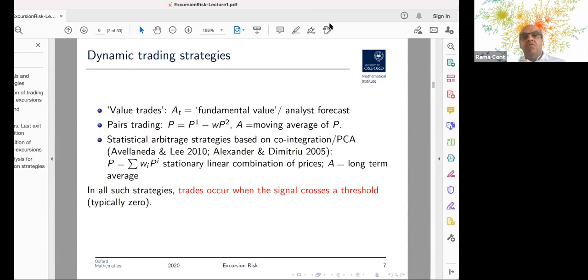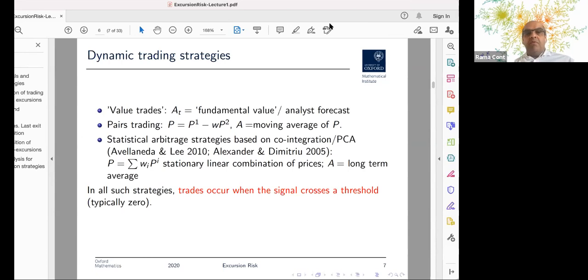And so this has implications in terms of trading. If you can find that stationary linear combination, then this linear combination will have mean reverting behavior. So it's forecastable over some horizon.